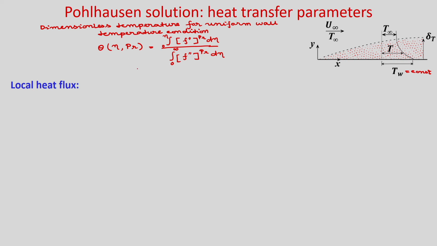At eta equal to 0 the expression is theta prime 0, which is d theta by d eta at eta equal to 0, and we have already derived this expression: f double prime at eta equal to 0 to the power Prandtl number, divided by the integral from 0 to infinity of f double prime to the power Prandtl number d eta.